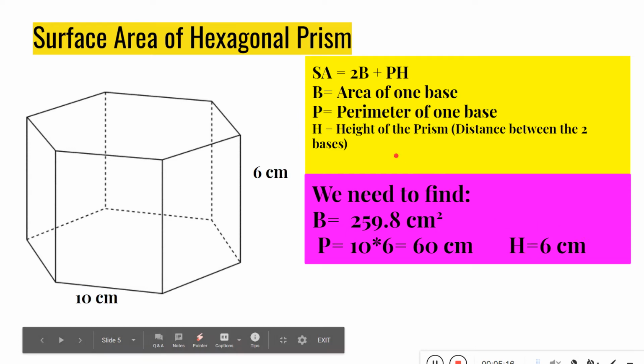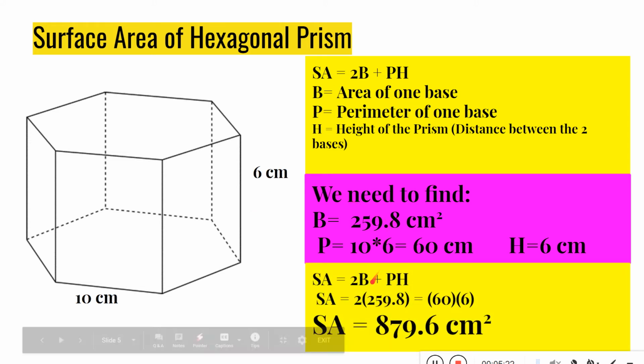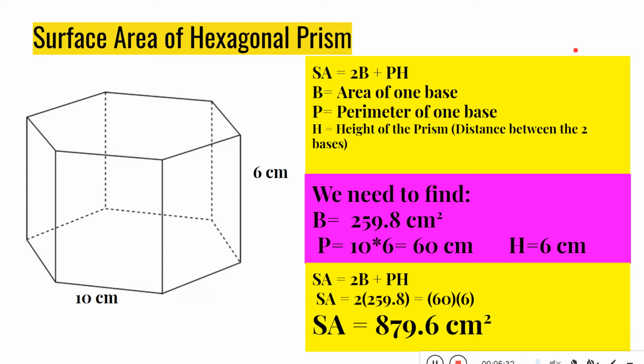And capital H stands for the height of the prism, that's 6 centimeters. So we just go ahead and plug that into our formula. B is 259.8, perimeter is 60, height is 6. That gives us a total surface area of 879.6 square centimeters. Okay, great.